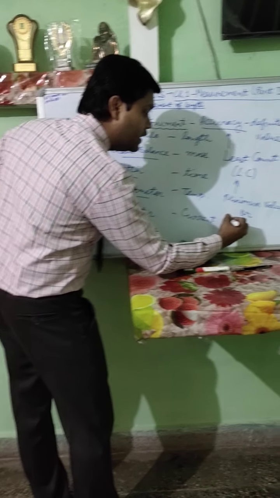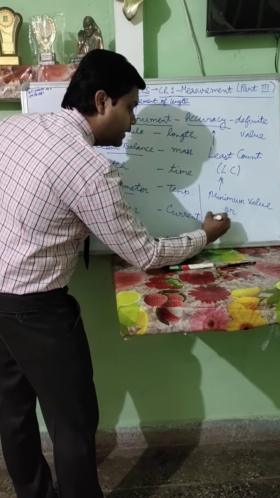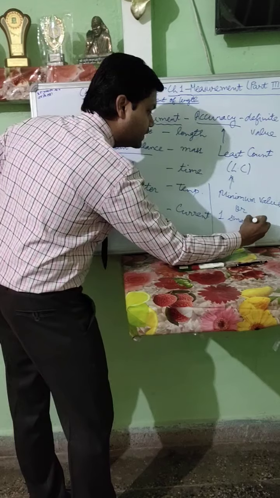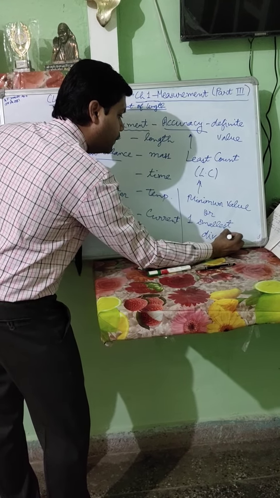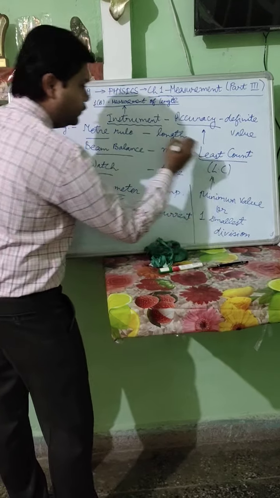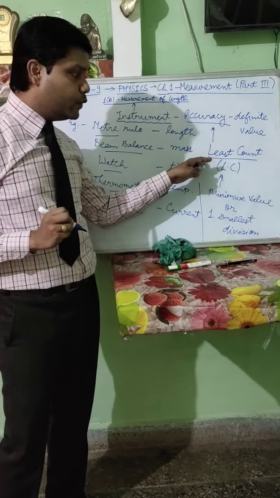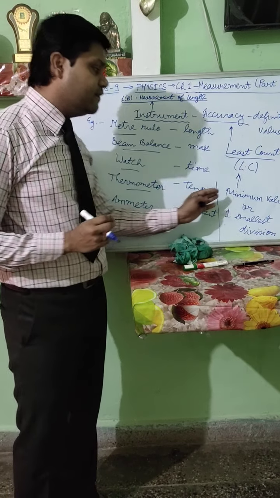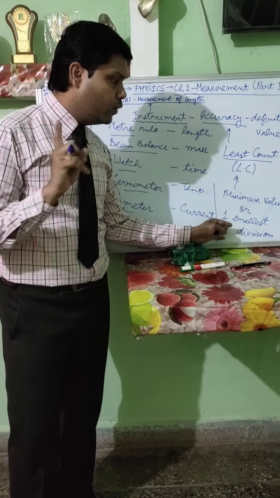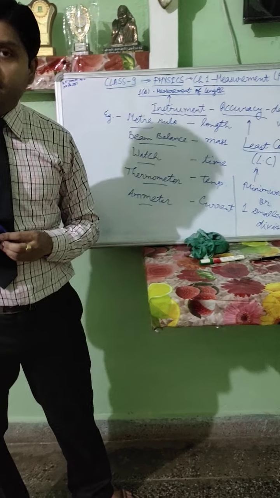I hope least count is clear to you. It is the minimum value which can be accurately taken by an instrument, or we can say it is one smallest division on the scale.